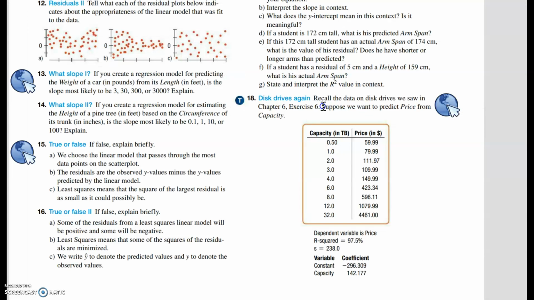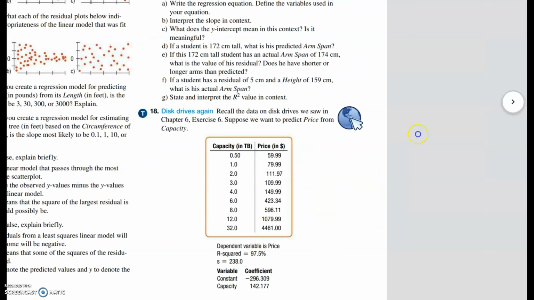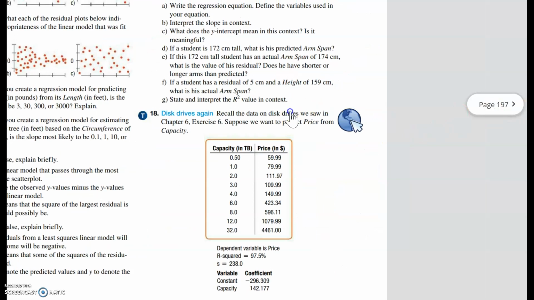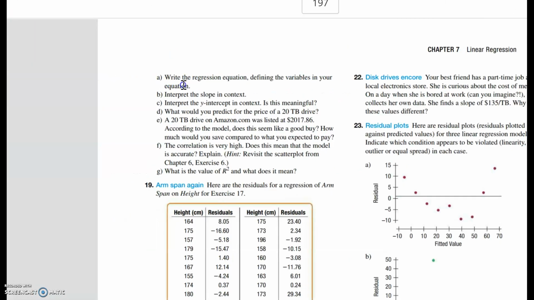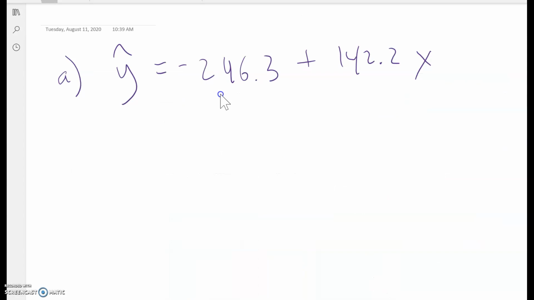Okay, now there's more questions on the next page. Part A. Okay, write the equation. Okay, did that. B, interpret the slope. All right, so the slope in this case, this is part B. So first of all, it's 142.2.